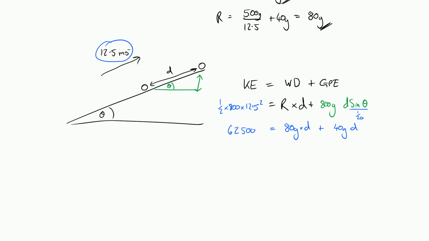So skipping a couple of steps, I've got 62,500 divided by 120g, which is going to give me my value for d, and popping that onto my calculator I get a value for d which is 53.1 meters. And that's it for question 2.